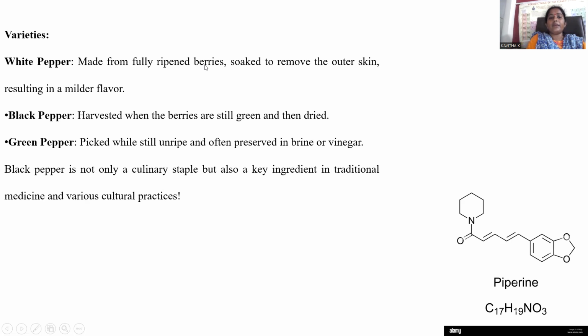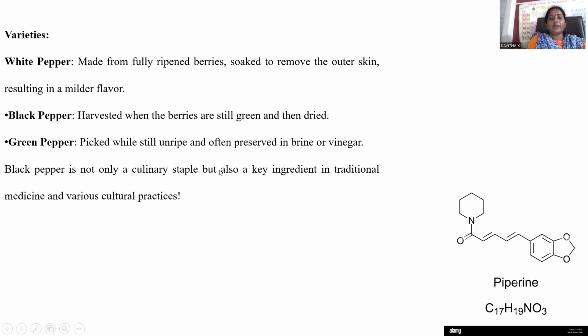From the ripened berries we can extract the white peppers. If not properly dried, but still in that condition, from that we are able to harvest black peppers. Green peppers are also present, unripened, often preserved in brine and vinegar.